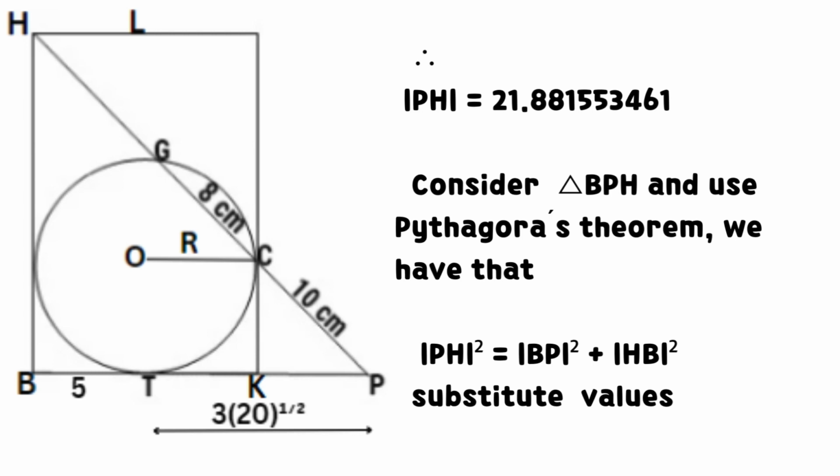Consider triangle BPH and use Pythagoras theorem. We have that the square of line PH equals the sum of the square of line BP and the square of line HB. Substitute values.